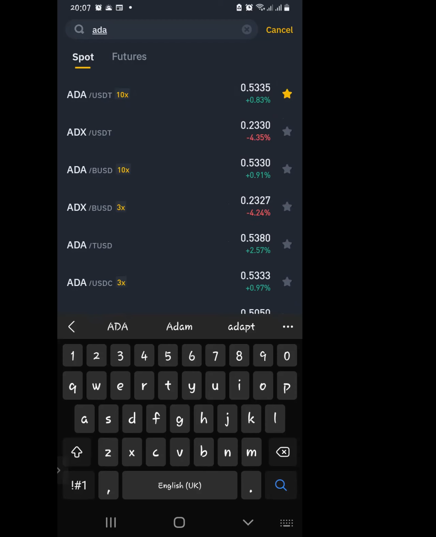For the purpose of today, we are going to use the ADA/USDT pair for our demonstration. I prefer trading in stable coins because if I take a $10 profit in USDT, my profit will stay $10 no matter how much the market dips or rises.